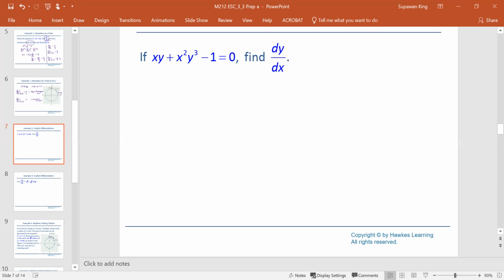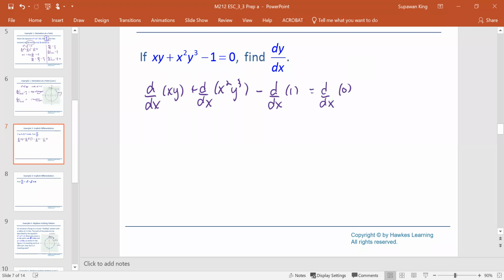To find dy by dx of the implicit function, we use the notation d by dx and apply it to all terms. So d by dx of xy plus d by dx of x squared y to the third minus d by dx of 1 equals d by dx of 0.